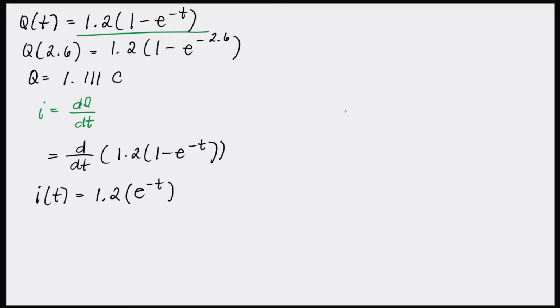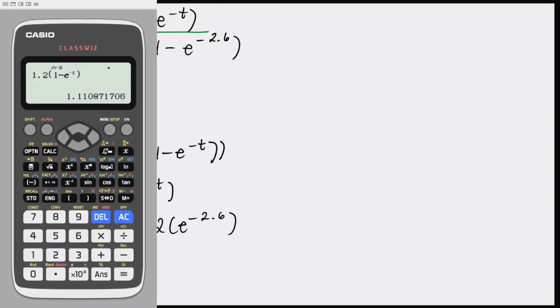So, therefore, what's the value of I at time 2.6? We have 1.2 times e raised to negative 2.6. So, therefore, I is equivalent to what? We have our calculator. The formula is 1.2 times shift e raised to negative x. Then, calc 2.6.